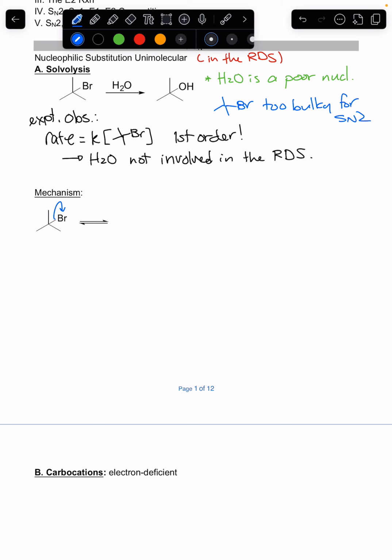Well, first, it cannot be that the nucleophile adds first and then the leaving group leaves, because you cannot accommodate more than 8 electrons. And since we know that this molecule is definitely involved in the rate determining step, the hardest thing it has to go through is the dissociation reaction.